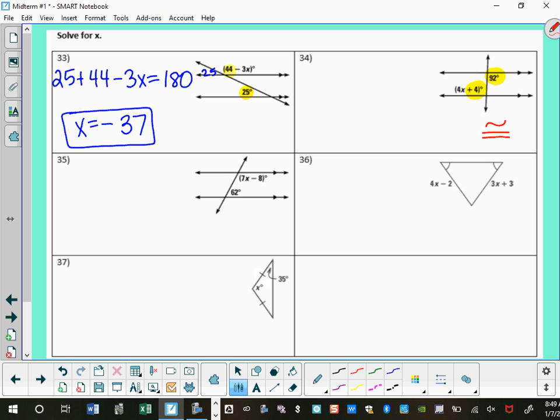Eli, what is my equation going to be? 4x plus 4 is congruent to 52. Well, it's equal to, right? Type that into Desmos. What do you get for your answer? What is x equal to? 22.